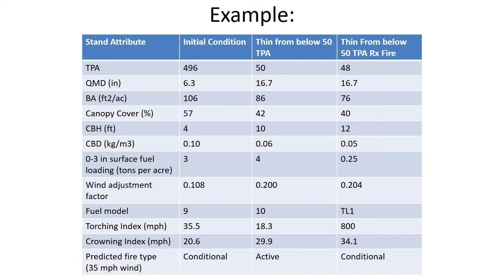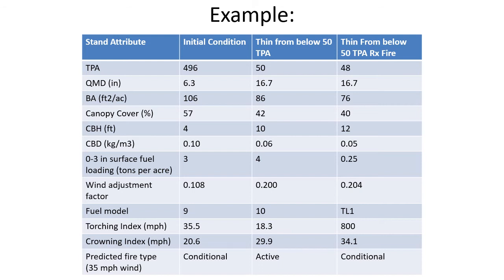So basically what we see is in the case where we did not do a follow-up prescribed fire with 35-mile-an-hour winds, we'd actually expect to have an active crown fire, versus in our prescribed fire example, the prediction comes back as conditional.